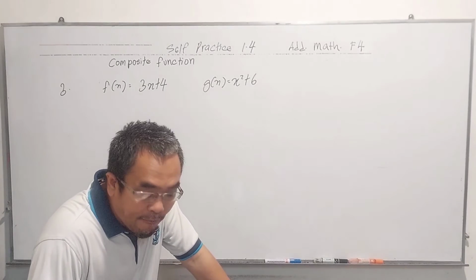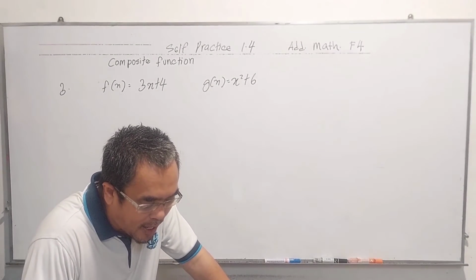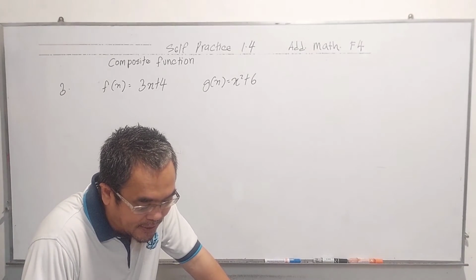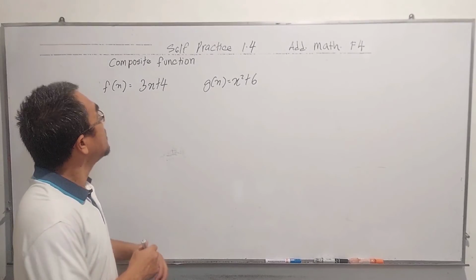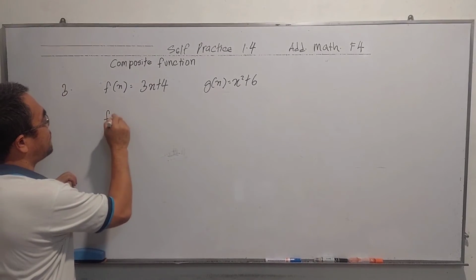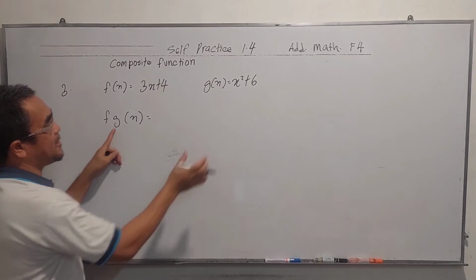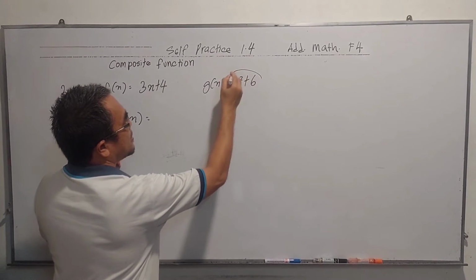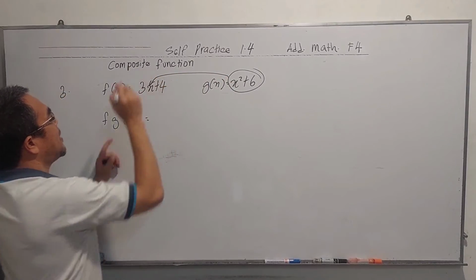Okay, two functions f and g are defined by f(x) equals 3x plus 4 and g(x) is x squared plus 6. Find the expression for fg and gf. Okay, so first they want you to find fg. So fg(x) will be replacing the function of g into f.